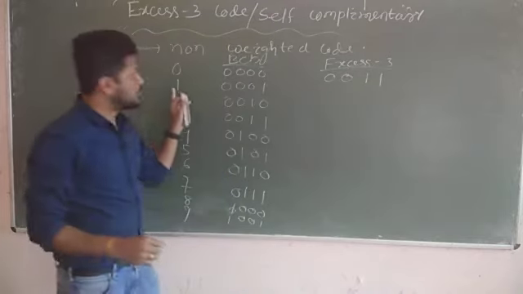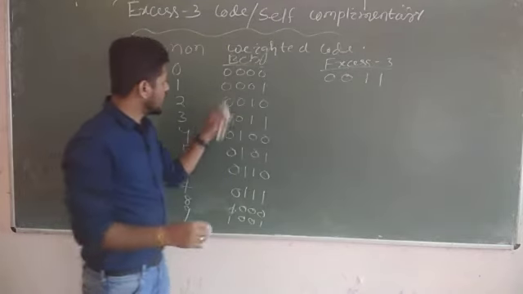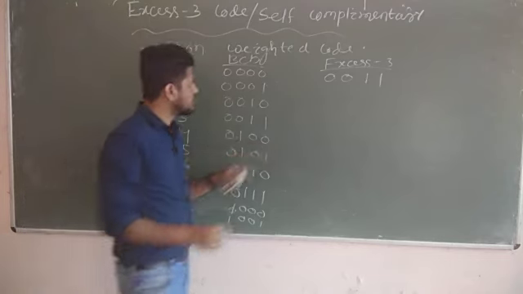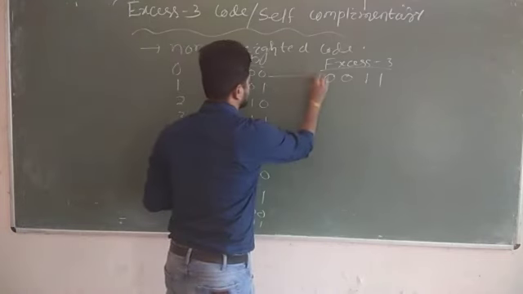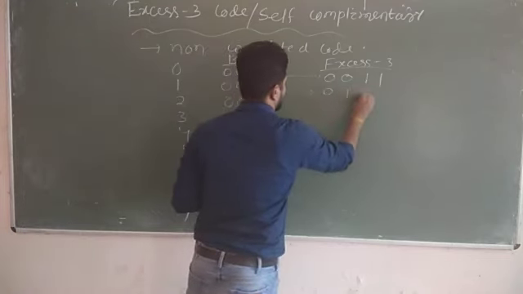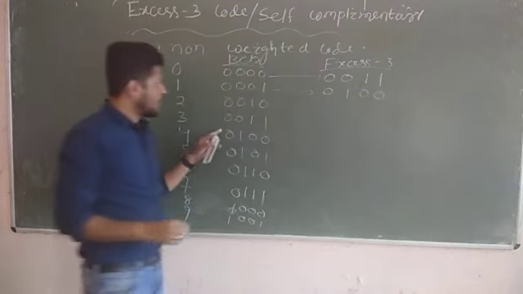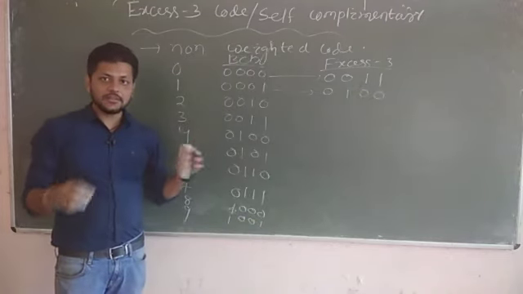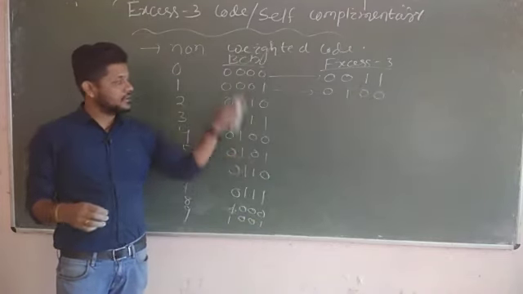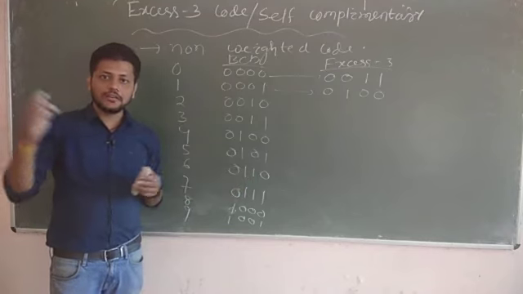So 1 plus 3 means 4, so directly 4 is 0 1 0 0. So write directly here 0 1 0 0. How am I finding it? XS3 means first find this binary coded decimal and add plus 3.